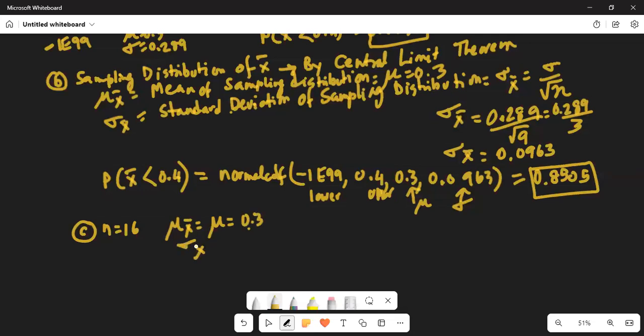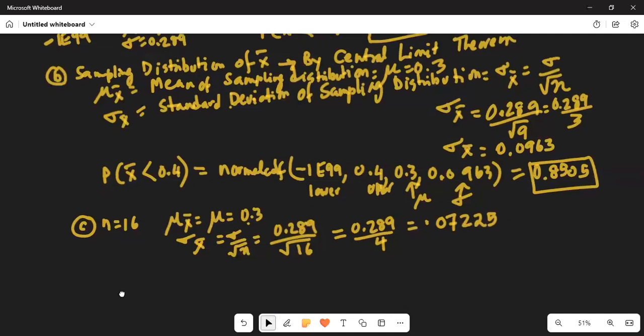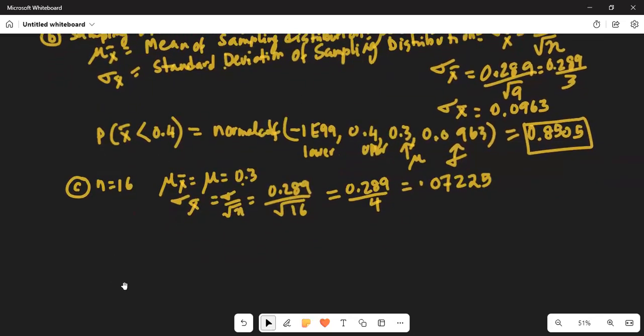However, sigma x bar is now sigma divided by the square root of n, which is 0.289 divided by the square root of 16, which is 0.289 divided by 4. And that is equal to 0.07225.